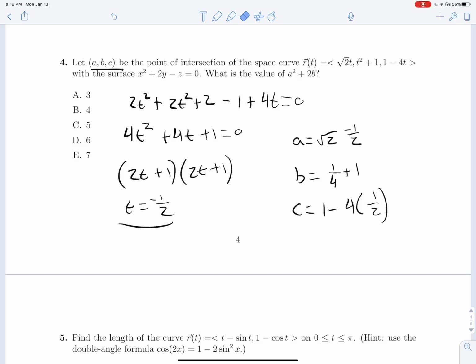Okay, let's simplify all these out. This will become positive 2, so the whole thing down here is 3. This is 5/4.